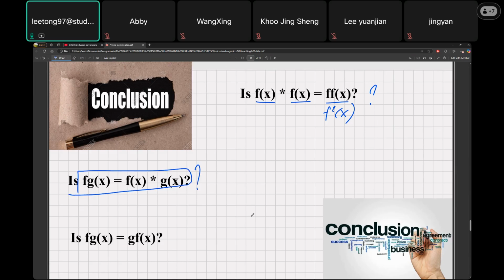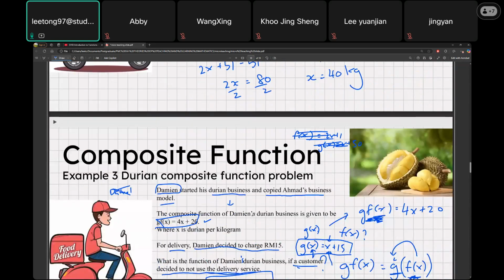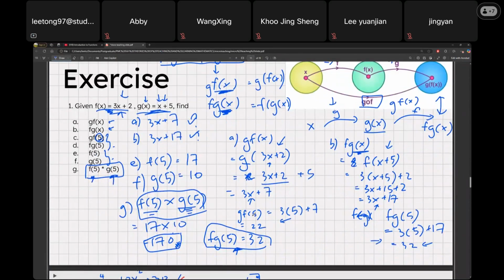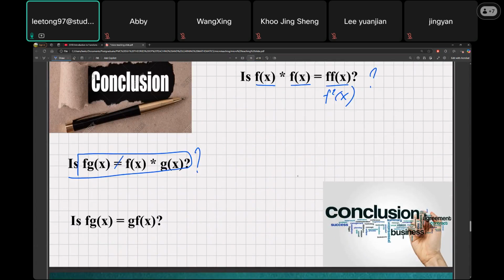Like I showed just now. Here, exercise 1. F5 times G5 is not equal to FG5. Here, FG5 is 32, and this is 170. Okay, so this is not equal.